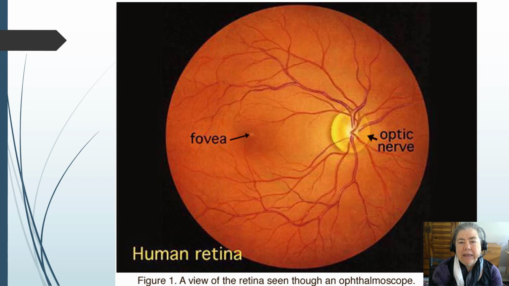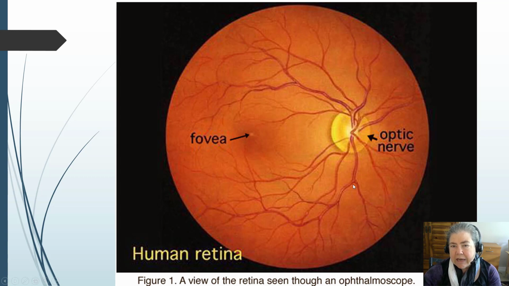This is a retina. It says as seen through an ophthalmoscope, and you'll learn very soon in H&P that that's not exactly true. When you're looking through an ophthalmoscope, you see about the diameter of the optic disc.